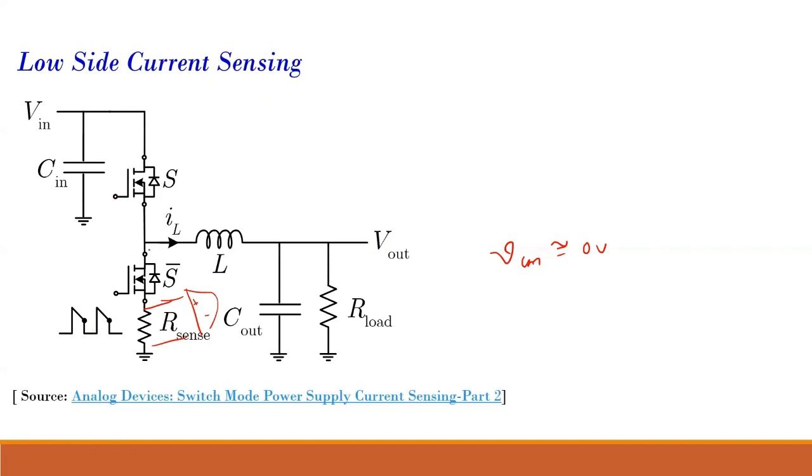Because it senses the current flowing through this low side switch, it will have this shape, and in this case valley current mode control is used. When it reaches the minimum value, the valley reference, we turn on this switch, and the inductor current which was flowing like this will start flowing like this.